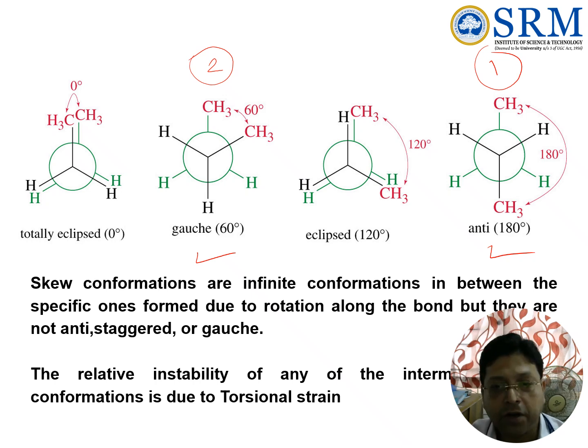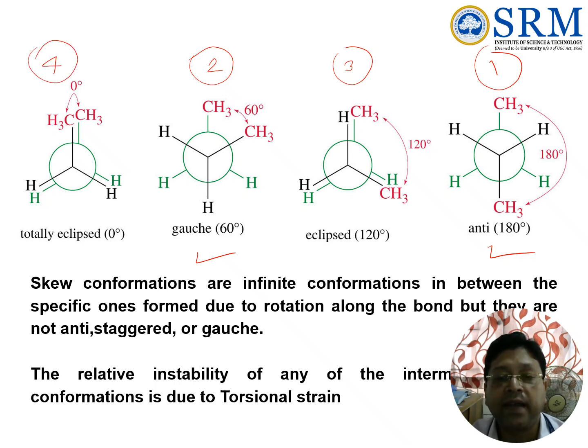So the staggered conformation is done. Now we move to the eclipse. Eclipse, we have to see that this is number 3. It is more stable than the next eclipse. Why? Because there is a methyl hydrogen interaction, although the dihedral angle is 120°. And the least stable is this one, totally eclipsed.